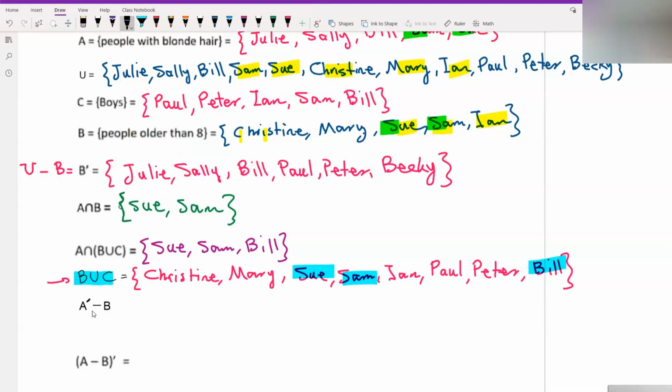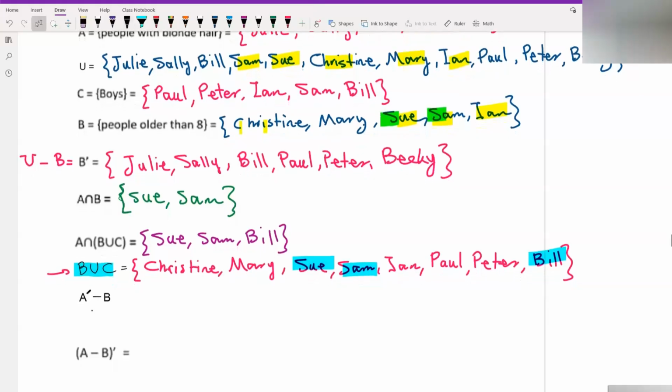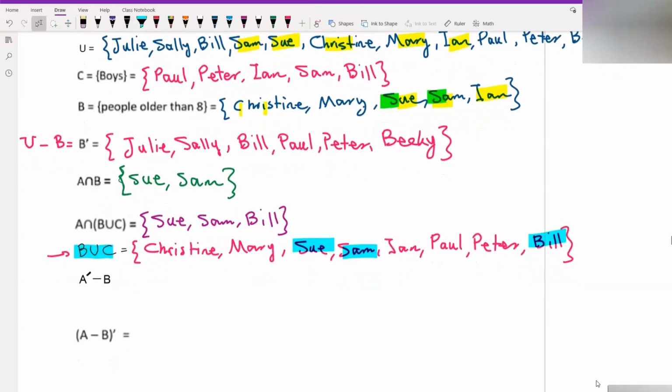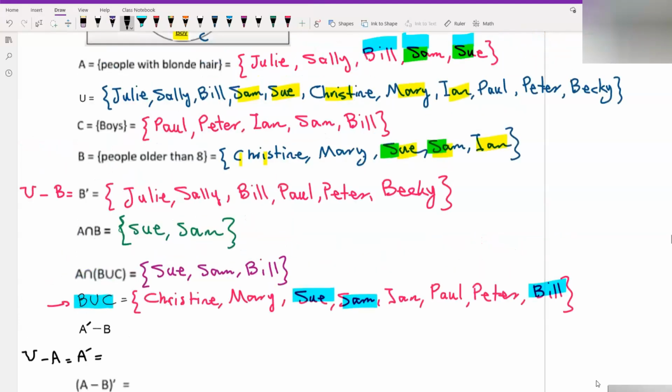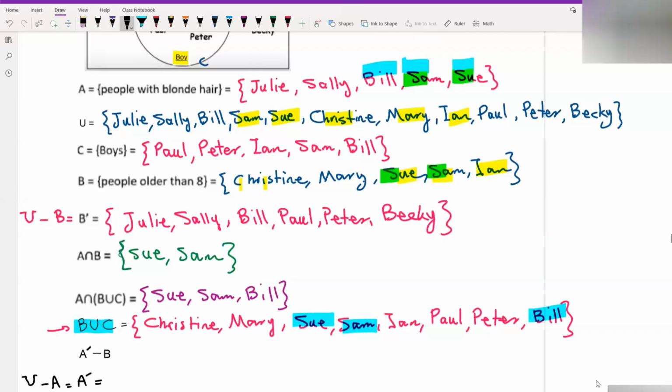This is A prime, it's complement of A. So we have to find complement of A minus B. We have to subtract all members that are inside B from complement of A. So it's better to first find complement of A. So that is universal set minus A. We have to subtract all those names that we have in A from universal set.